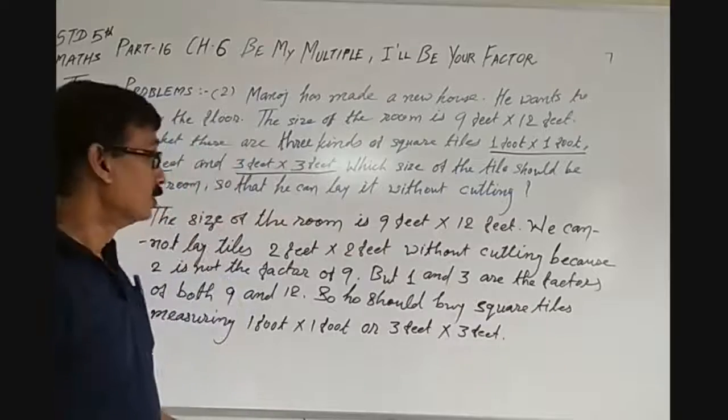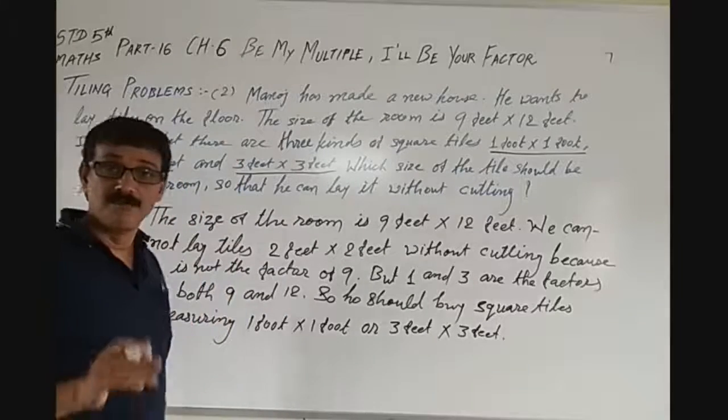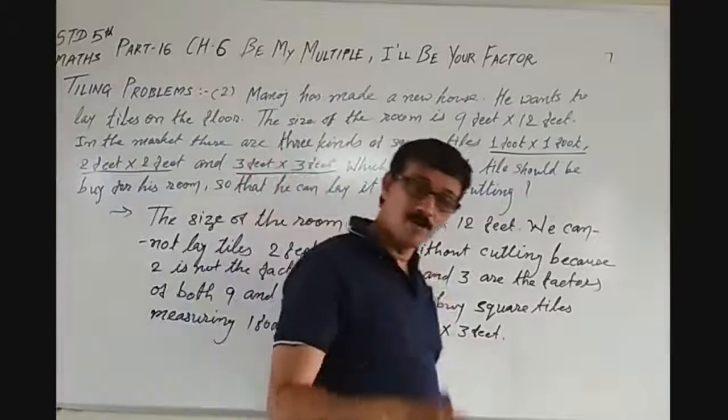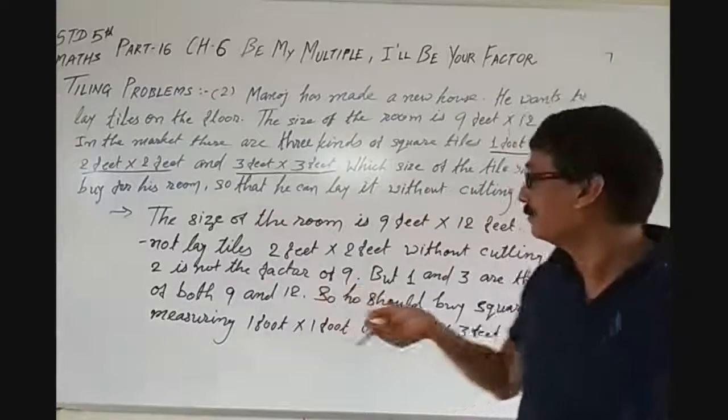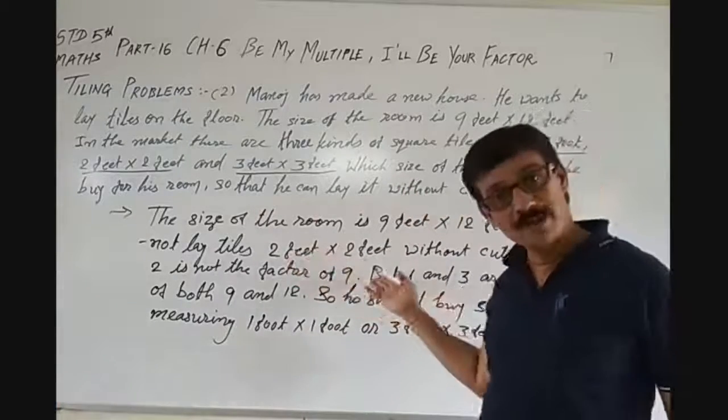Okay, so this should be the answer. Why? Because 2 is not a multiple of 9. That is why we should not buy the tiles measuring 2 feet by 2 feet.